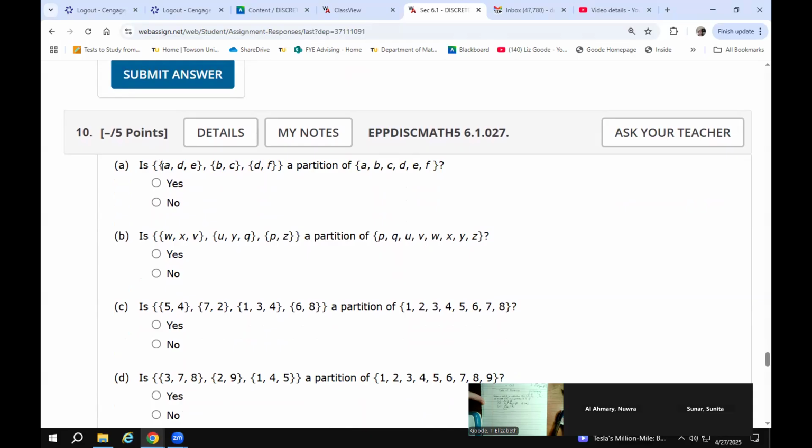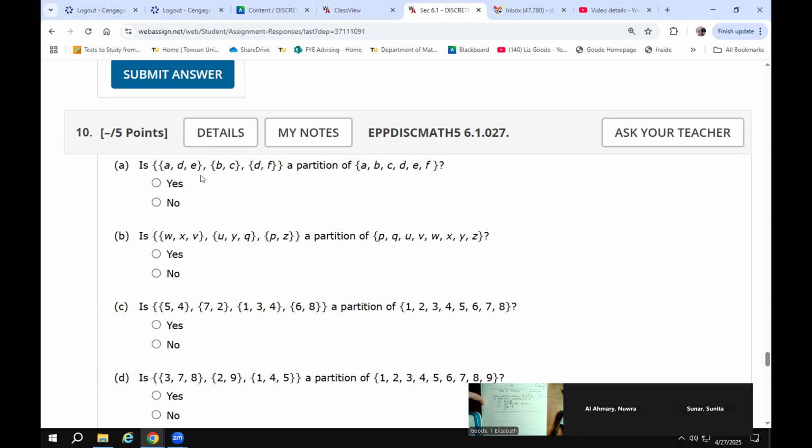They're not naming this subset A1, but you could. We're not naming this subset A2, but you could. If we were going to name these subsets, I would call this one A1 just because it's listed first. I would call this one A2, and I would call this one A3. All right. Does that help?